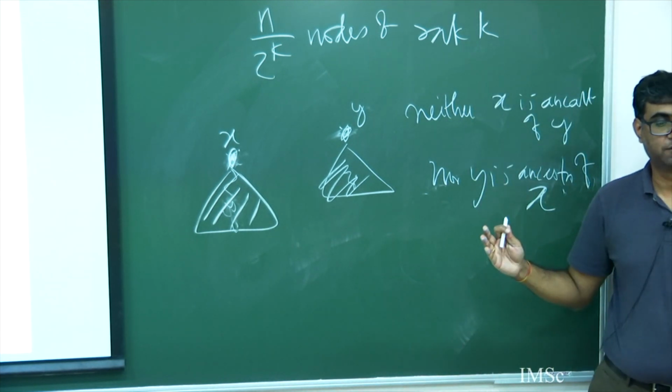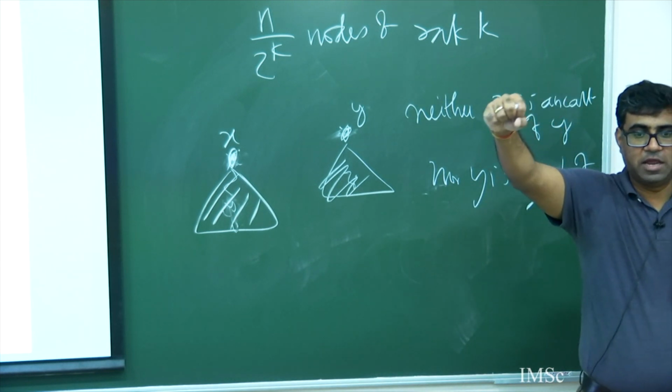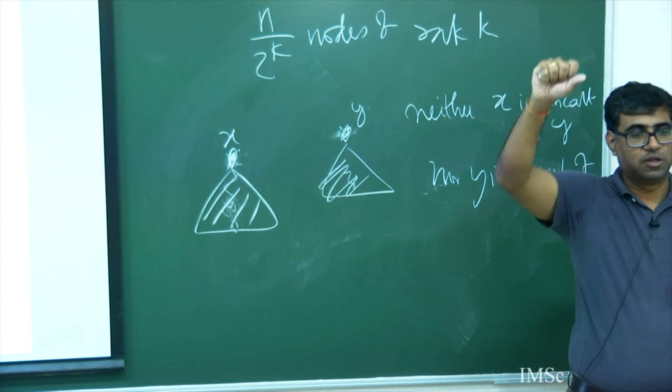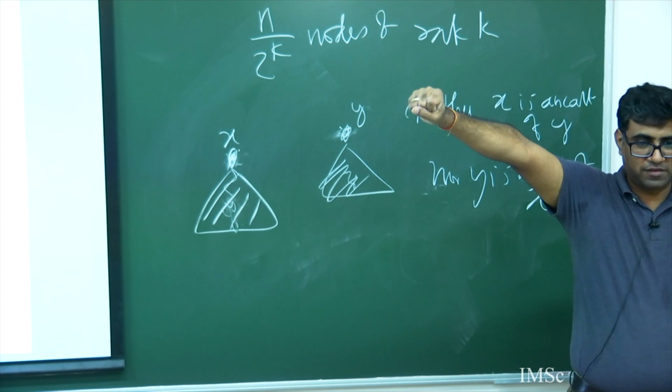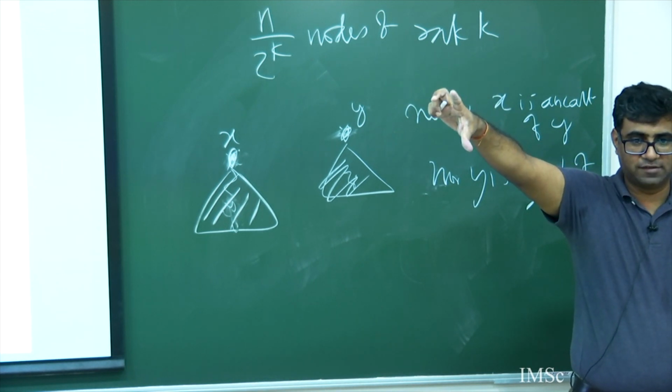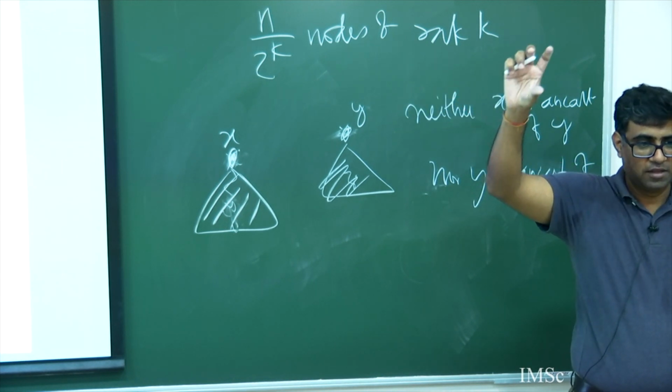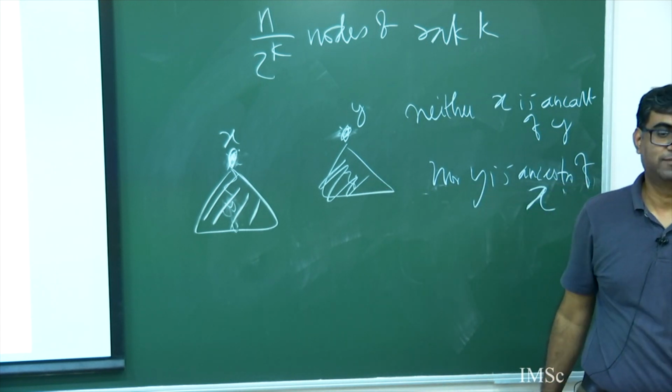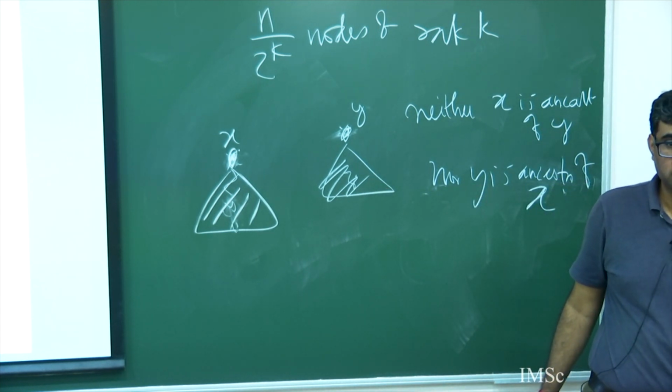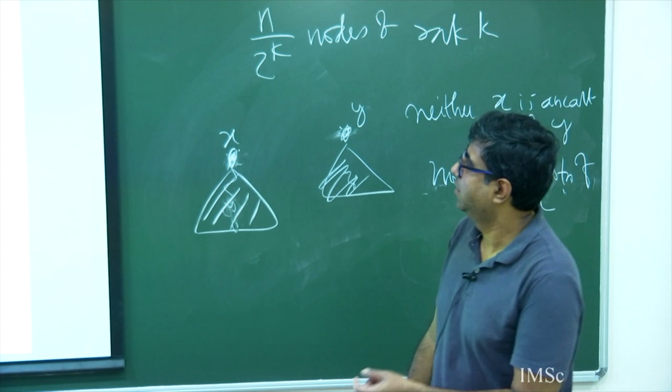None of them is an ancestor of the other. It means they do not lie on the path from each other, so the subtrees rooted at those nodes are distinct.